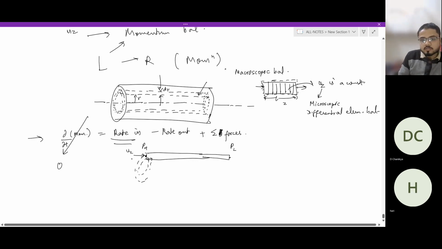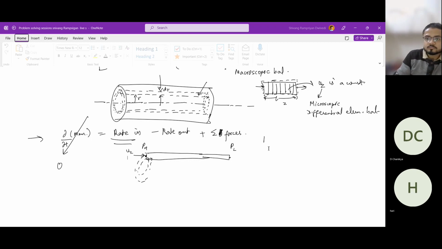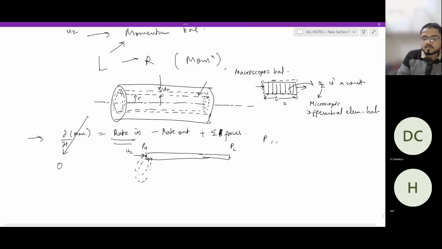Now, there are some other forces as well. One is the pressure, right? The other is the shear stress. This is the normal stress, the sigma, and this is the shear stress, as you might have seen in the video.